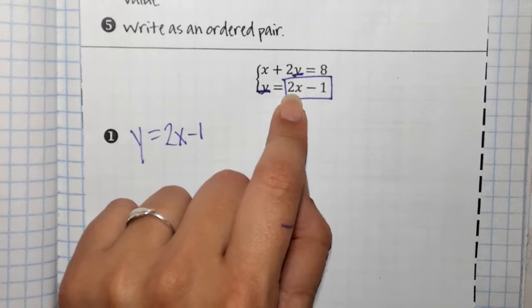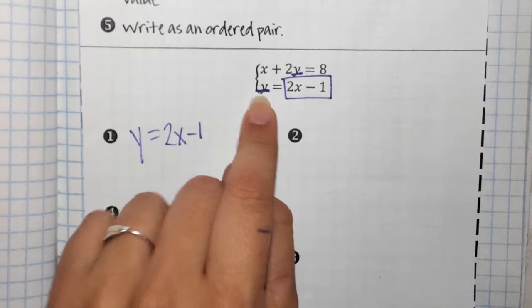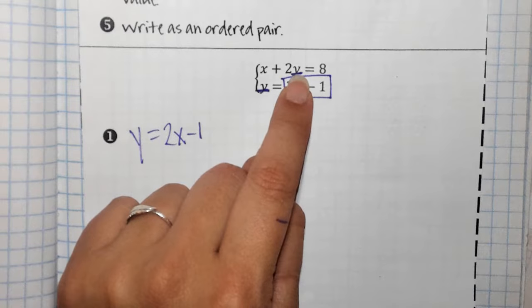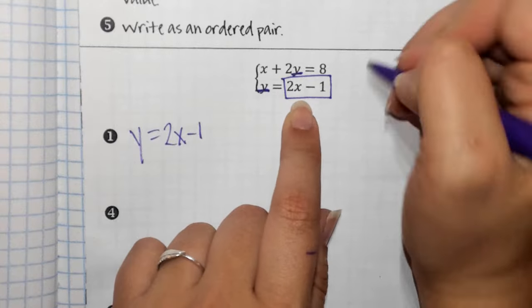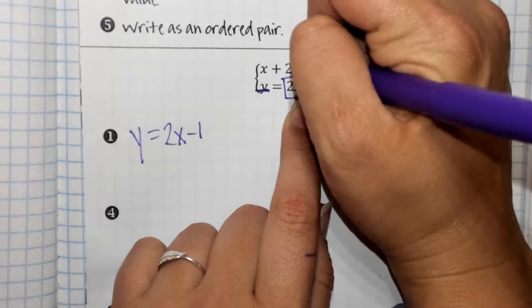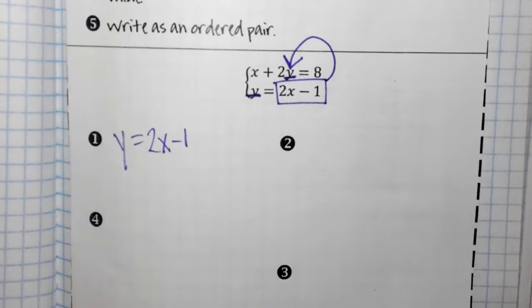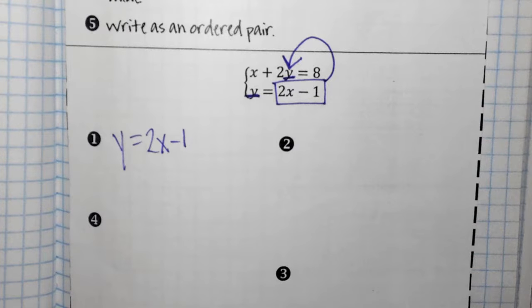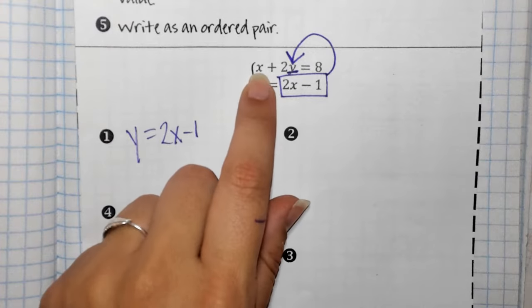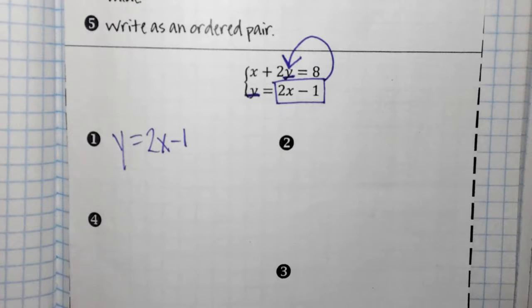If Y equaled 2, what would we plug in for Y? If it equaled an Oreo, what would we plug in for Y? So since Y equals 2x minus 1, you're going to plug this in right here. So draw that arrow just like I did. Now I plugged it in for y because it says y equals, not x equals.